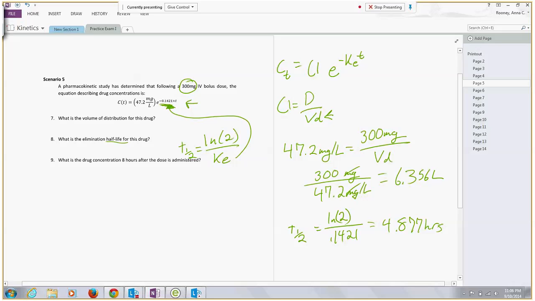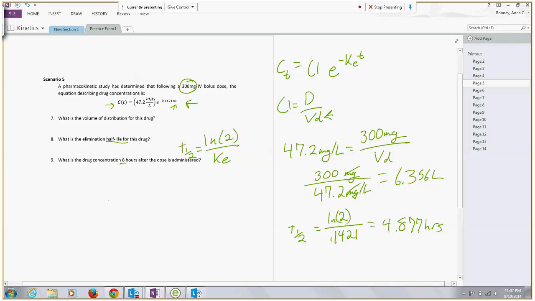All right, and number 9. What is the drug concentration 8 hours after the dose is administered? This one's a little bit more complicated, but thank God, we have the master equation. We just have to plug and chug. We are just going to be plugging in t, which is 8 hours.